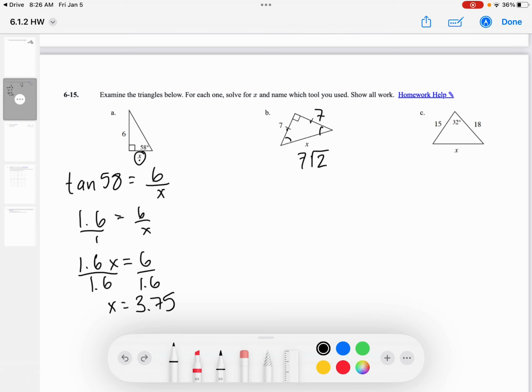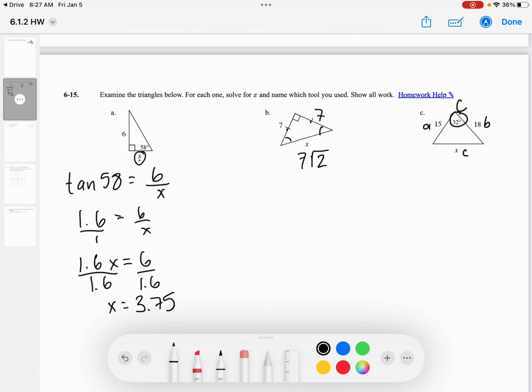All right, so now I need to label things A, B, and C. The angle that I have is my big C, and this is my little c. My A and B don't matter.